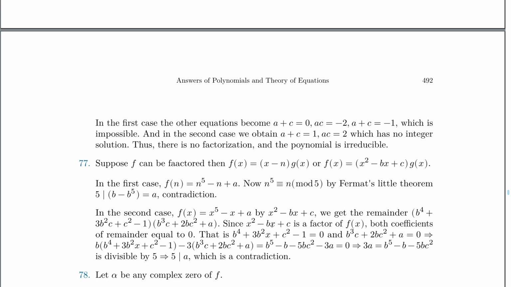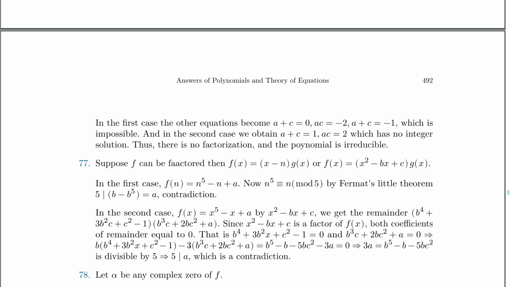Since x square minus bx plus c is a factor of f(x), both coefficients of the remainder are equal to 0. And therefore, b to the power 4 plus 3b square c plus c square minus 1 is equal to 0, and b cube c plus 2b c square plus a is equal to 0.